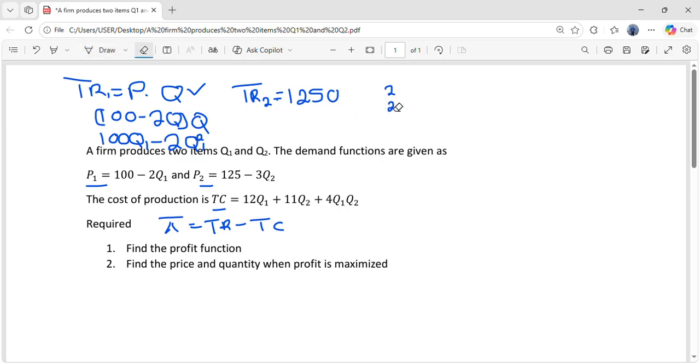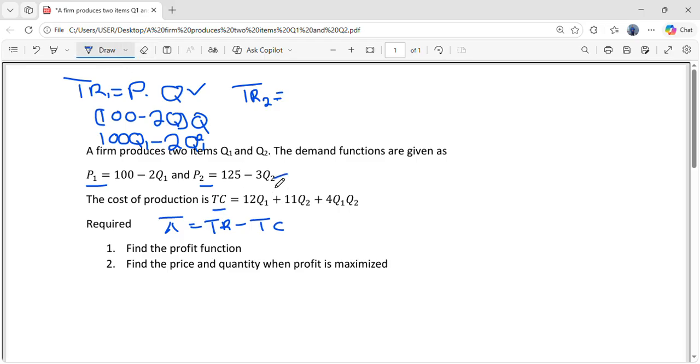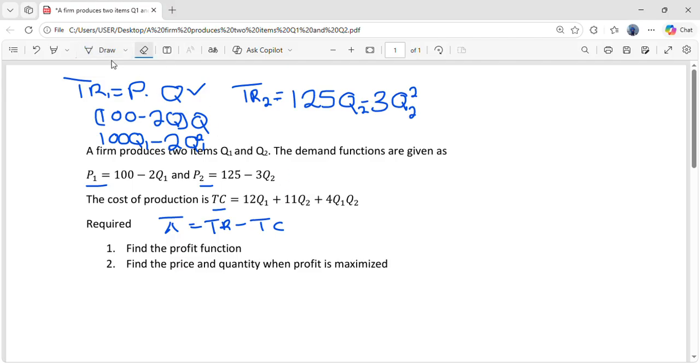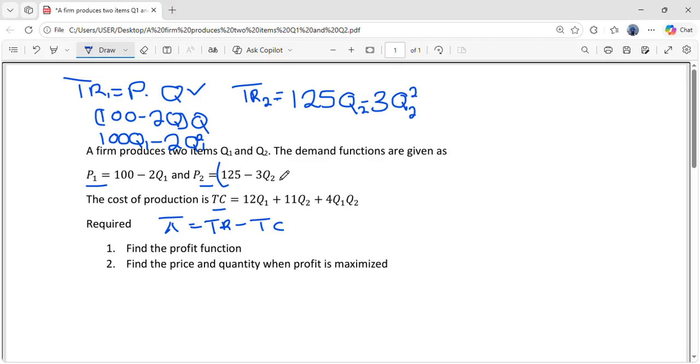So let me just highlight again on this function. Remember, we are multiplying this function here, 125 by Q2, minus 3Q2 squared. Remember, these are from here. We are going to multiply this general function that we have on price by what?